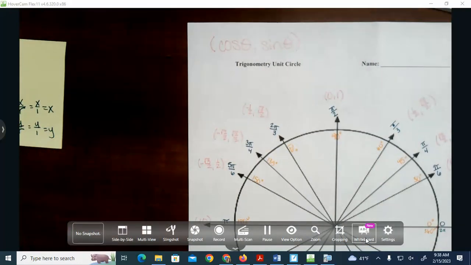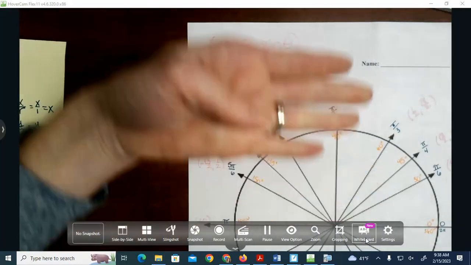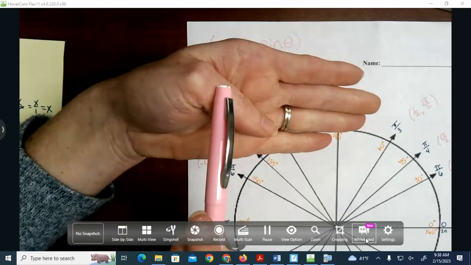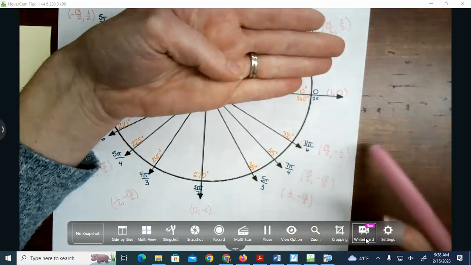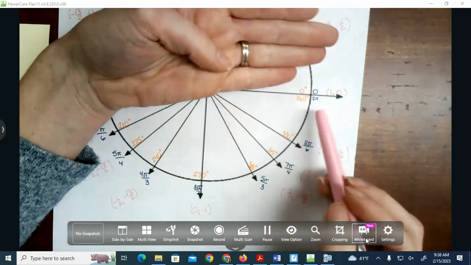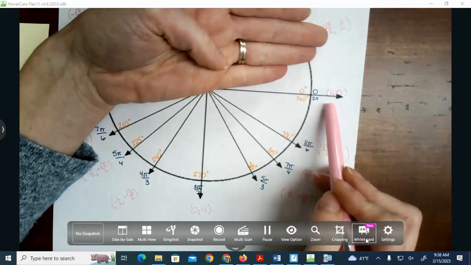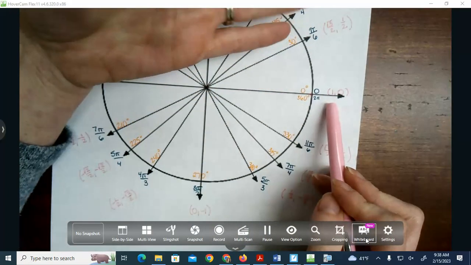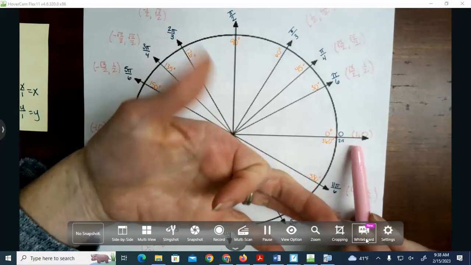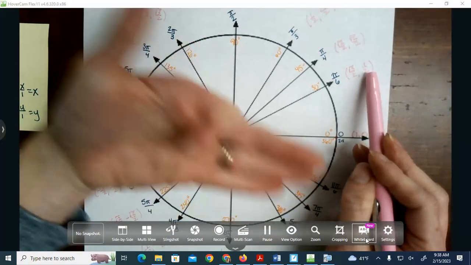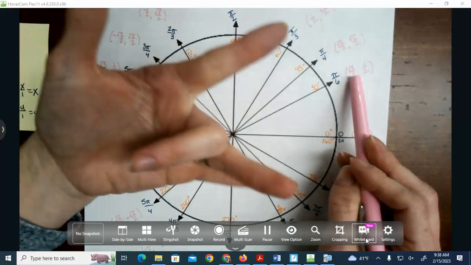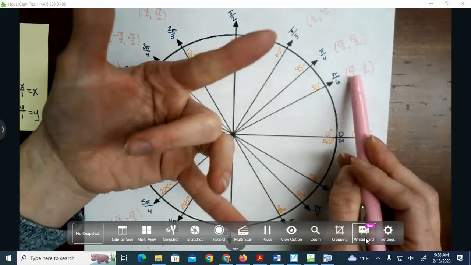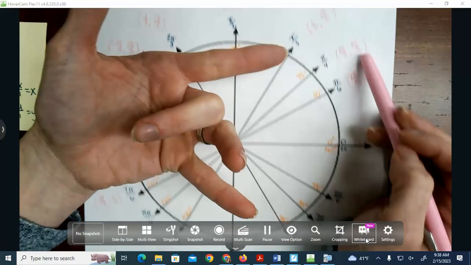Think about your hand trick. Sine of 0 is the square root of 0 over 2, which is 0. Cosine of 0, square root of 4 over 2 is 1. At 30, sine square root of 1 over 2 was a half. Cosine square root of 3 over 2. 45, sine and cosine are both radical 2 over 2.